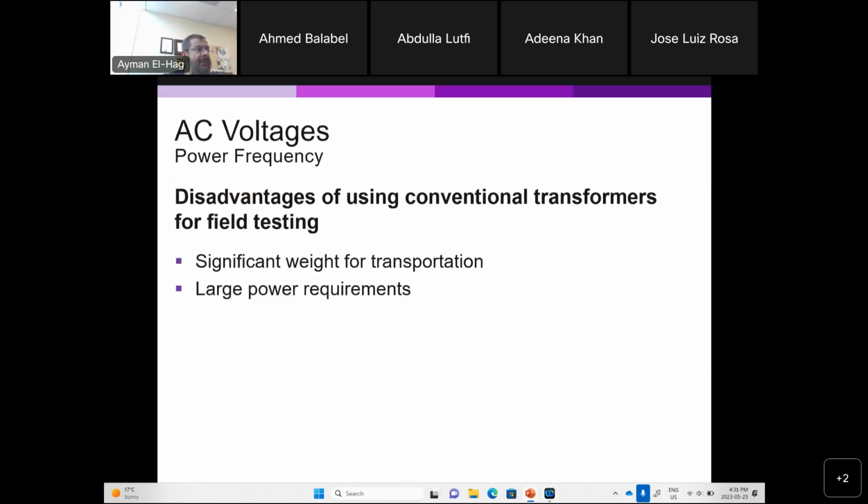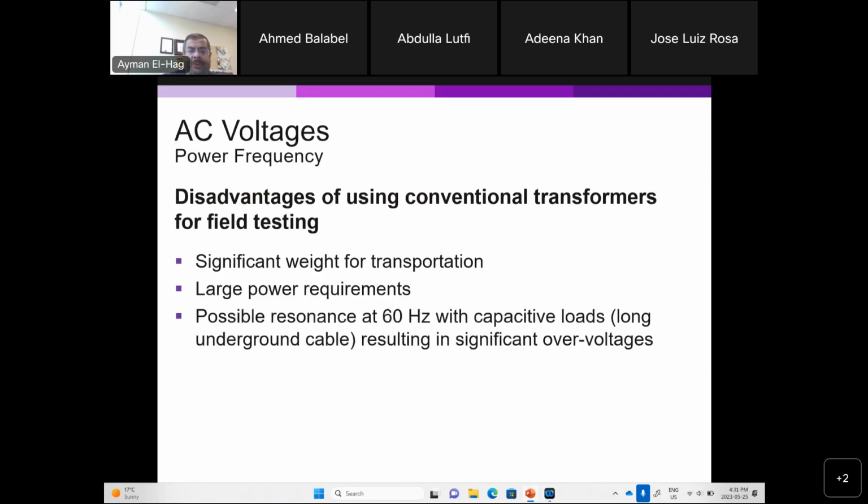Also the power requirements are not really possible. Another problem with those transformers in the field is that there could sometimes be resonance at 60 hertz. But remember, we are testing capacitive loads. This is exactly what we're testing. So this is the capacitor, and there is an inductance in the system. So there's a possibility that you will have a resonance. If you end up having a resonance, then you will have a significant, unintended overvoltage.